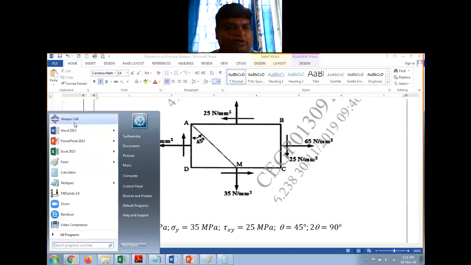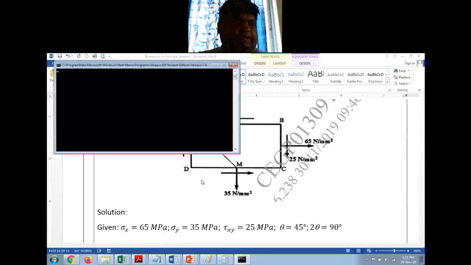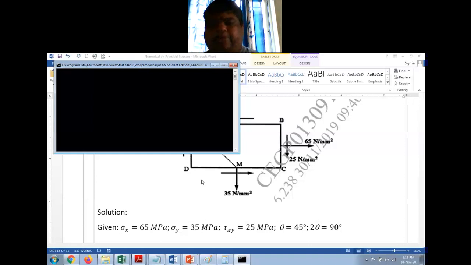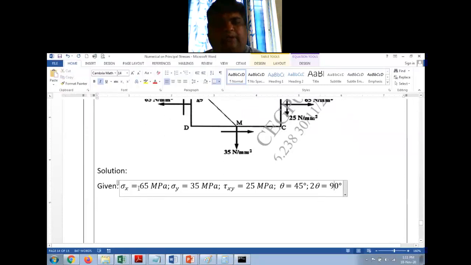Now I will start the scale diagram for drawing. I hope all of you have the graph paper and the drawing instruments with you for drawing the Mohr circle diagram. Now, if you see here, this is 65 and 35. They are very small, right? So the maximum length in your Mohr circle will be 65 megapascal.